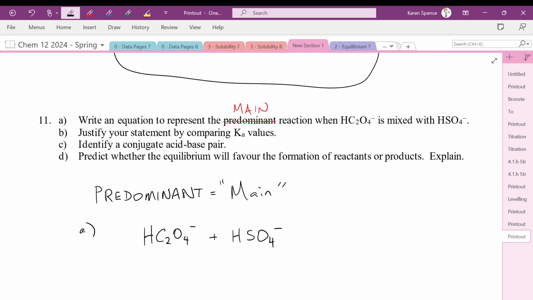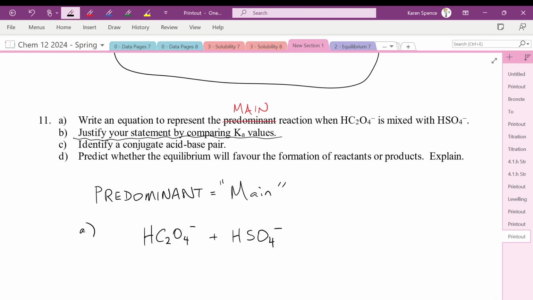Now, you've met reactions like this before. You've got H's and negatives. What do you need to do? Exactly. And you know what? It says justify your statement by comparing Ka values in the next step. So we're going to grab those while we are at it.